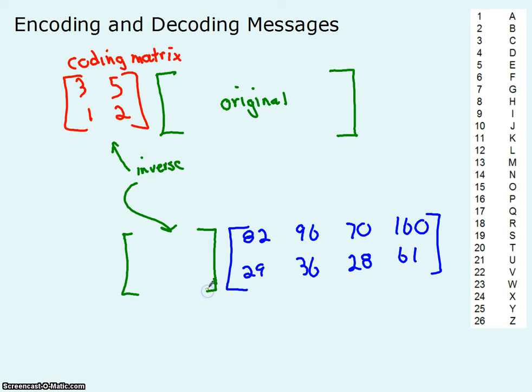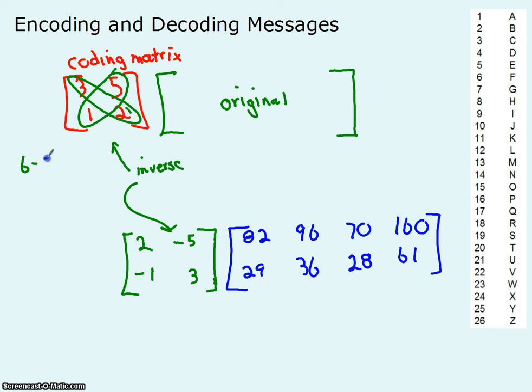So you might remember how to do the inverse of a 2 by 2 matrix. We took the two numbers down the main diagonal and switched them, 2 and 3. We took the numbers on the secondary diagonal and made them the opposite. And then we divided every number by a number we got by multiplying these two together and multiplying those two together and then subtracting them.